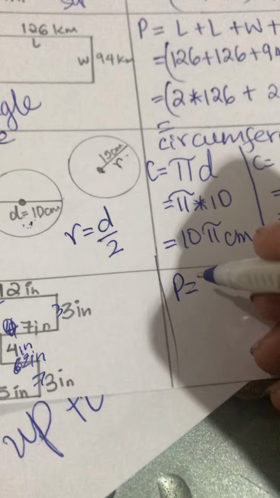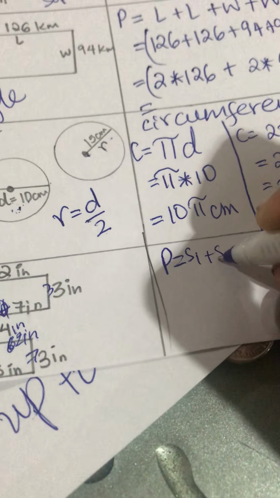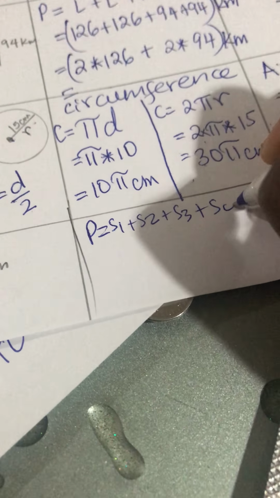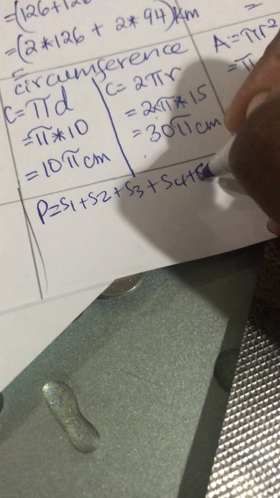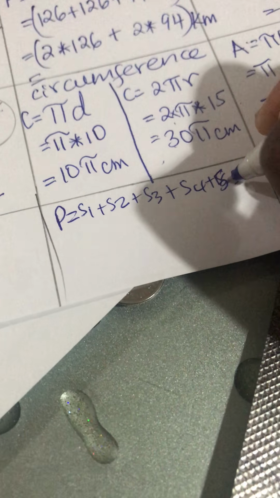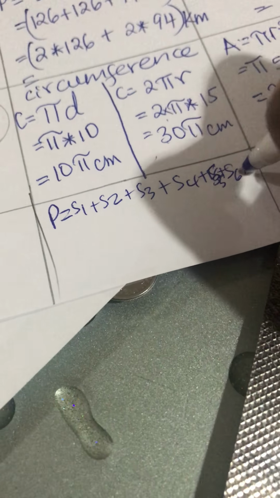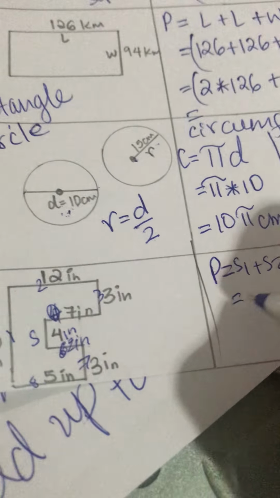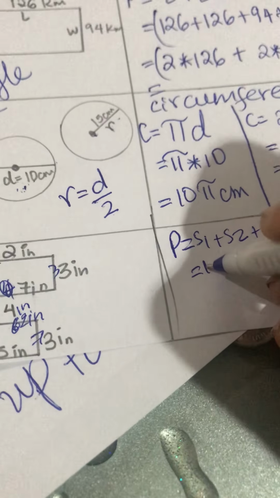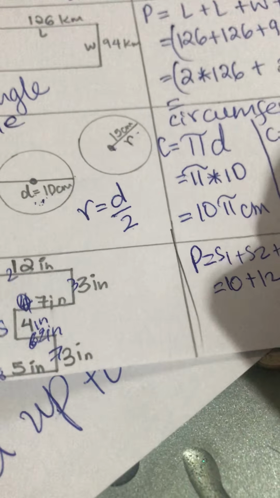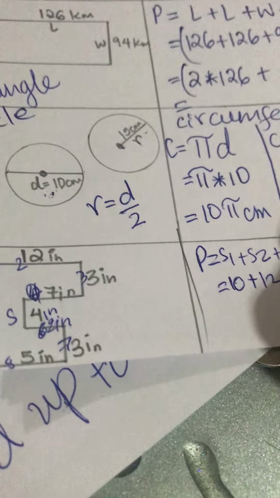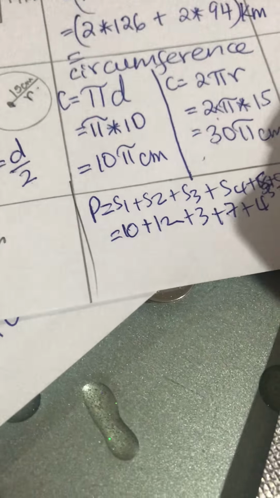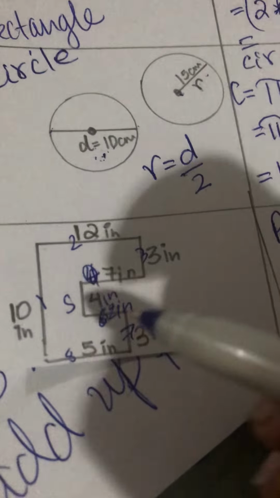All right, so you'll do side 1 plus side 2, side 3, side 4, side 5, side 6, side 7, plus side 8. Then you put all your numbers. 10 plus 12 plus 3 plus 7 plus 4 plus 2.